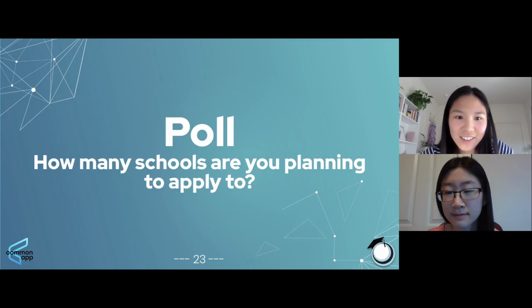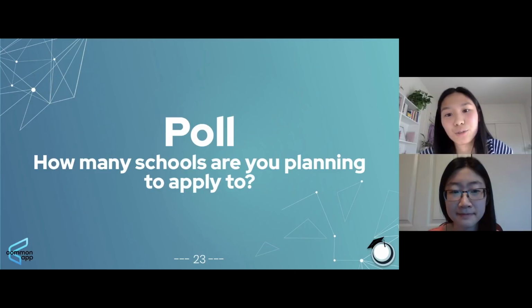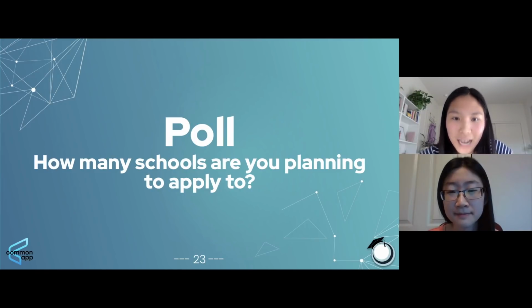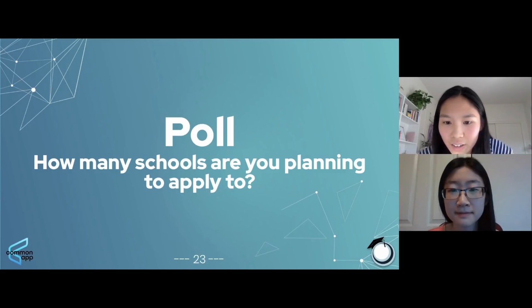Just as a heads up, at Bullseye, we recommend applying to between 8 to 14 schools, made up of 2 to 4 safety schools, 3 to 5 match schools, and 3 to 5 reach schools. This is to balance out the quality of your essays with your workload. And the maximum number of schools you can apply to with the Common App is 20. Awesome. Looks like everybody got a chance to do the poll, and you can see what everybody else is planning to do.